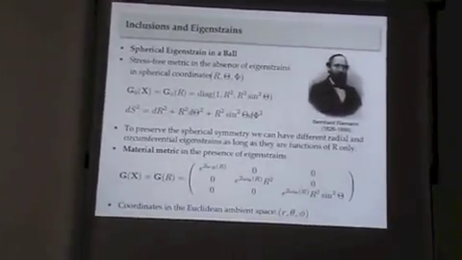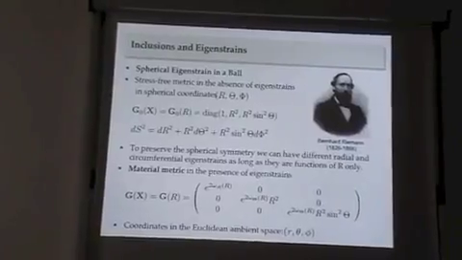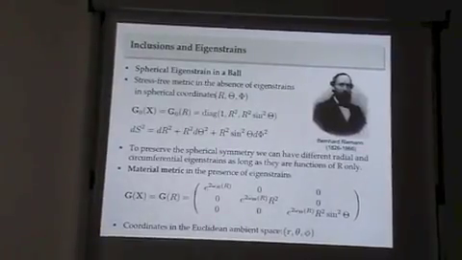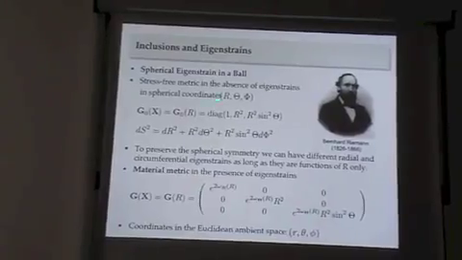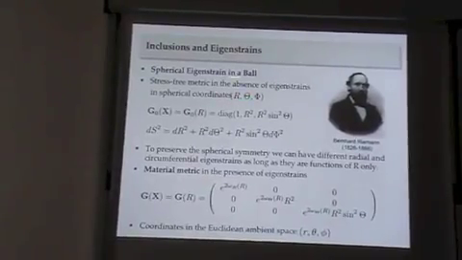So now this is the problem. I have a finite ball with some eigenstrains which respect the spherical symmetry, anything inside, and if I can solve this problem, a spherical inclusion would be a special example. In classical spherical coordinates, if there are no eigenstrains, this is the flat metric.